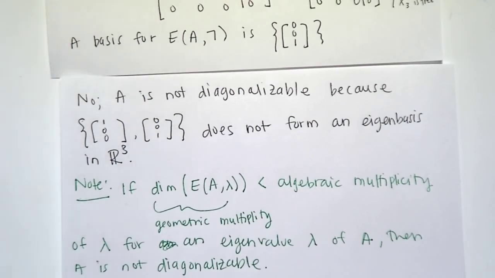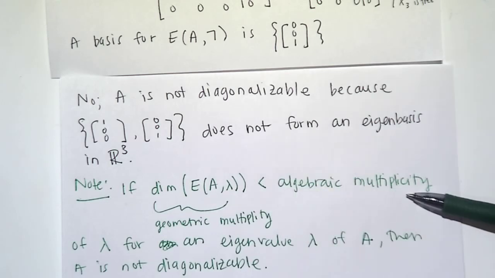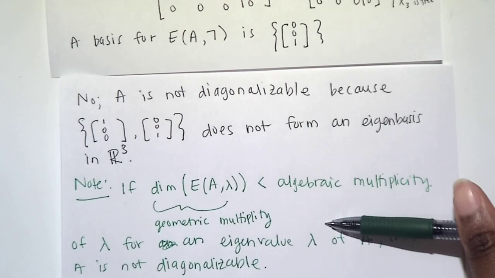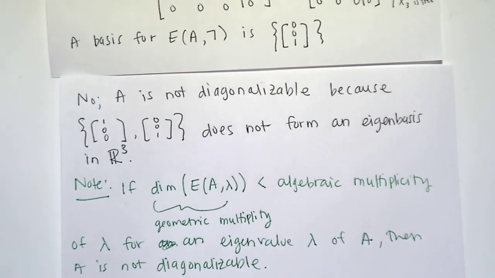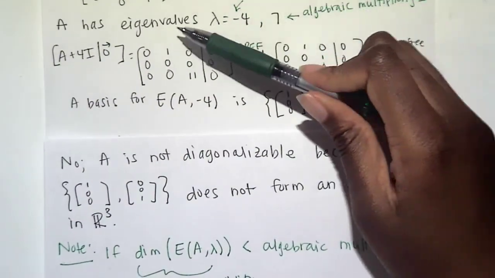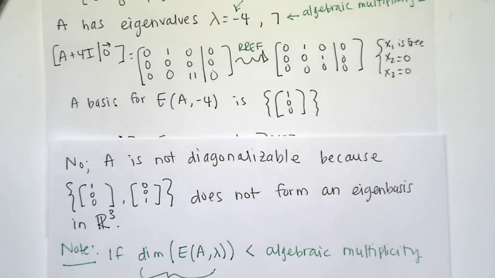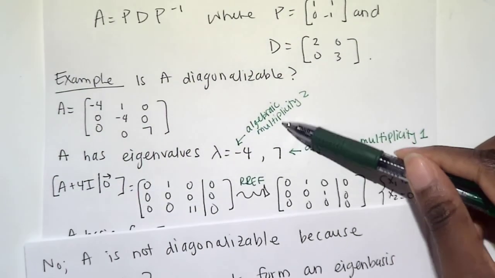I'll explain this as well. If the dimension of our eigenspace is less than the algebraic multiplicity of our lambda, then A is not diagonalizable. So note, eigenvalue -4 had multiplicity 2.